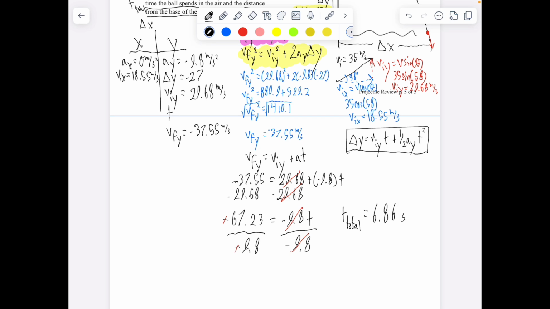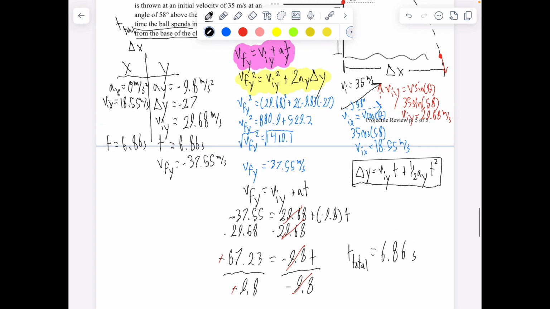Okay, that's our total time. Now, we can plug that in for our x direction, and we are able to solve for what we want, that delta x. Let's go ahead and box our answer.